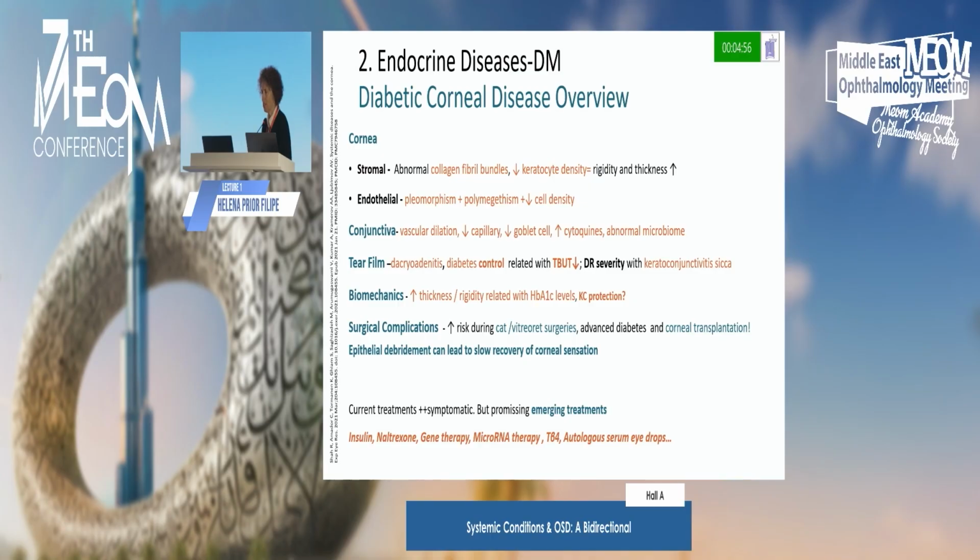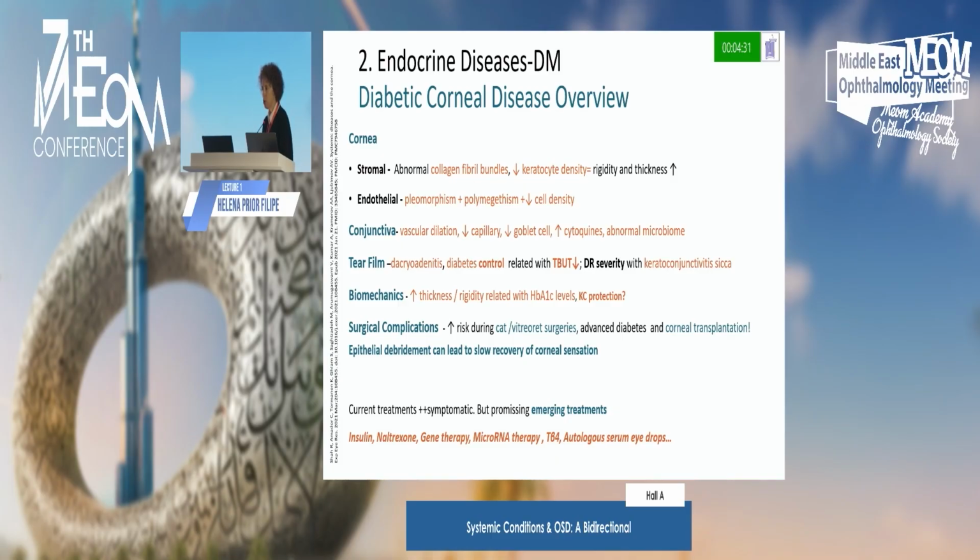This is just an idea. There are differences also in the endothelial layer, pleomorphism, polymegathism, reduced cell density. In the conjunctiva, decreased goblet cells, for instance, increase in cytokines, and also an abnormal microbiome. All these have importance for the ocular surface health.